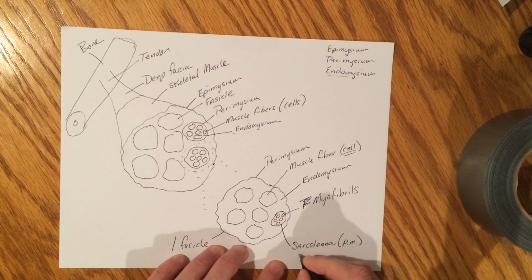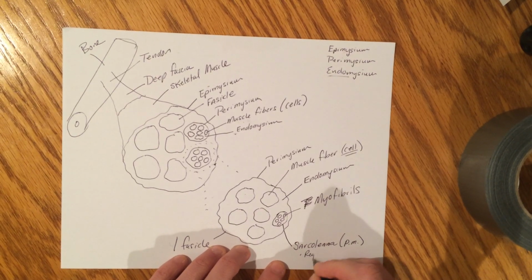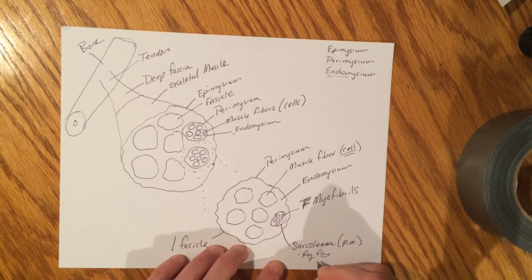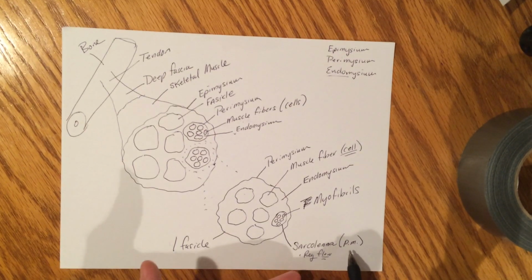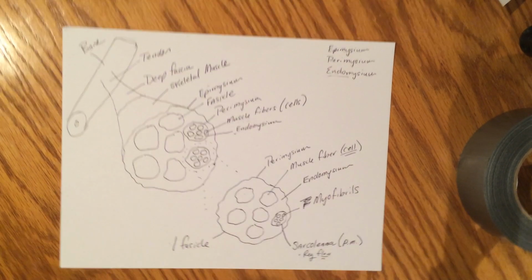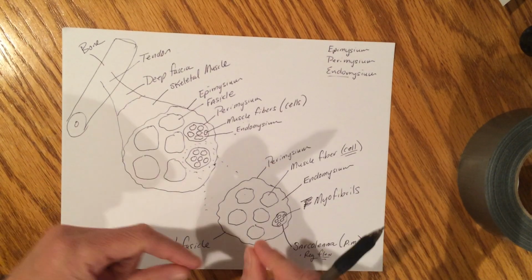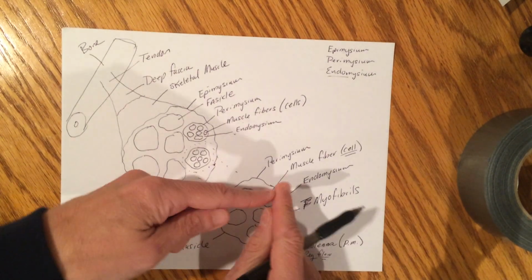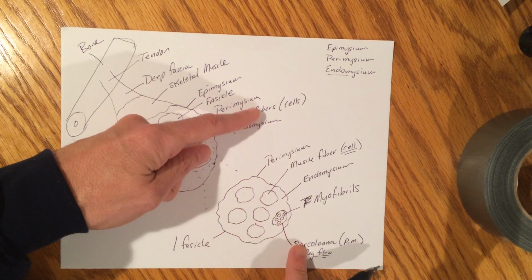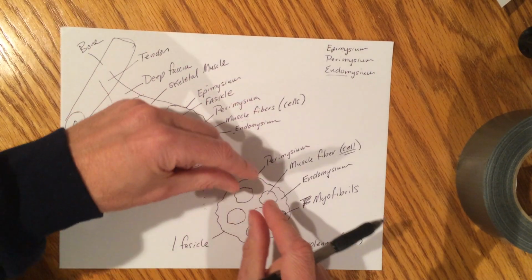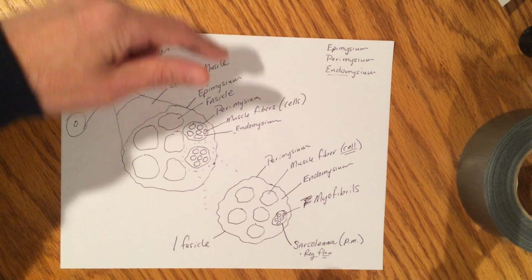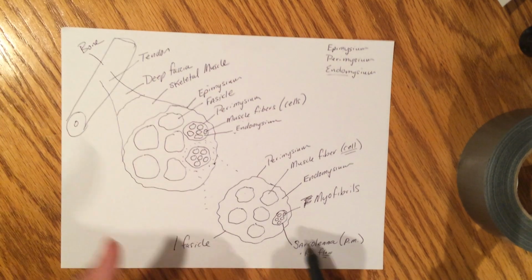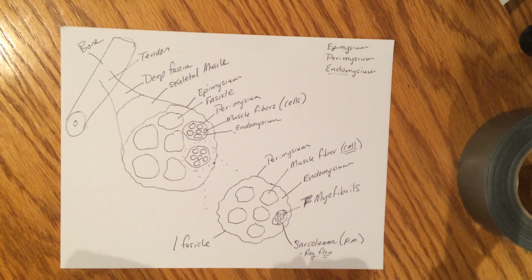So what does this thing do? It actually regulates flow of materials in and out of the cell. So the sarcolemma does what the plasma membrane does for any cell. The only difference in a skeletal muscle is that it's not an individual cell. Remember, in skeletal muscle, we had the fusion. Go back in your notes and look at this. We had the fusion of individual cells during embryonic development so that one cell in a muscle runs the full length. That's why they call it the sarcolemma and give it a special name.